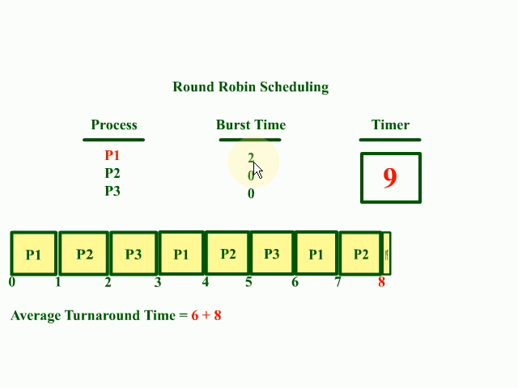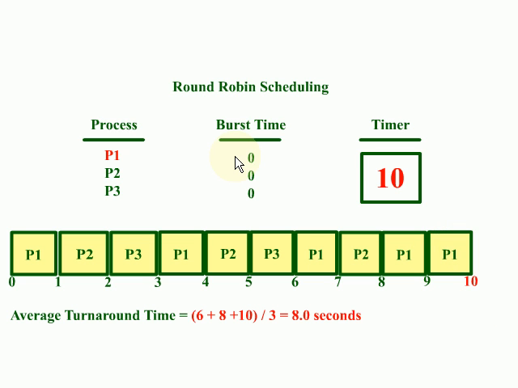So now we will execute P1 for 1 second, and as we don't have any other process in the queue, we will again execute P1, whose burst time right now is 1. If we run that process again, we don't have any burst times left because we have completed the execution of all the processes.